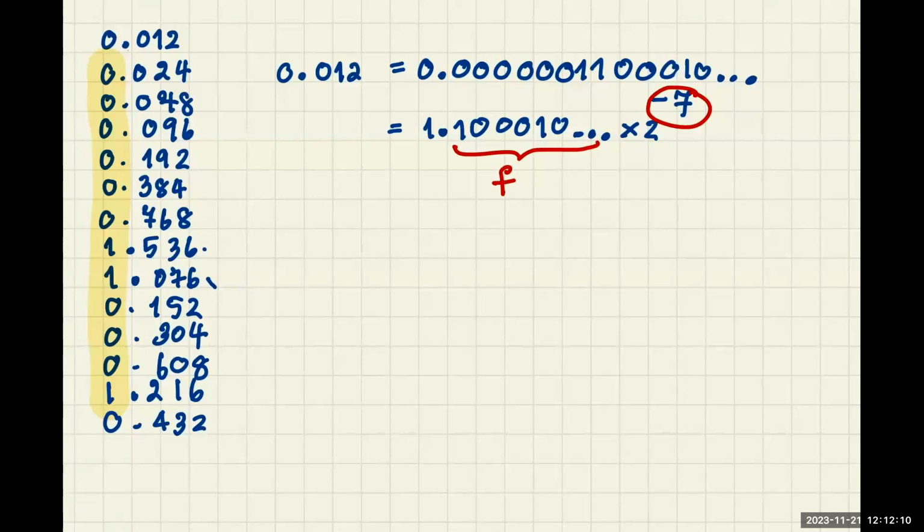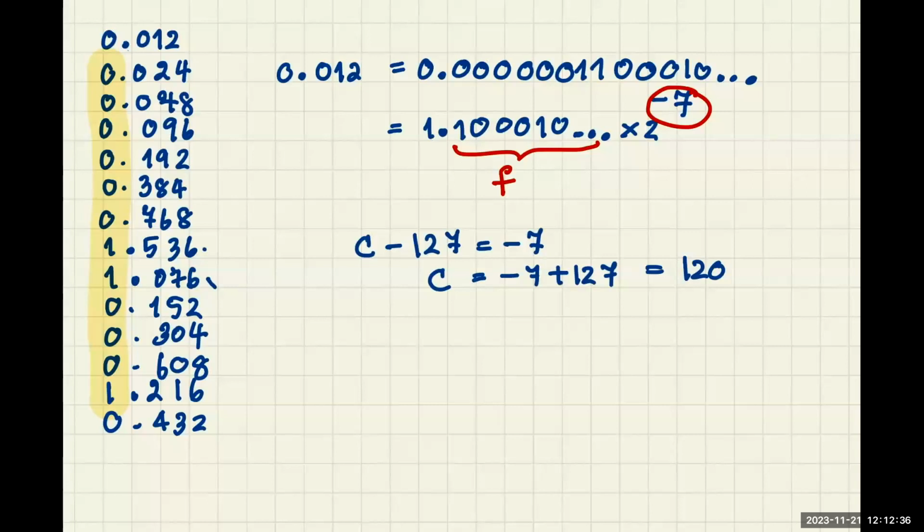C minus 127 is equal to minus 7. So your C is minus 7 plus 127, which is 120. You can see that this C is 120, which means you have the negative sign for the exponent. As I said at the beginning, 127 is like the 0 at the center.